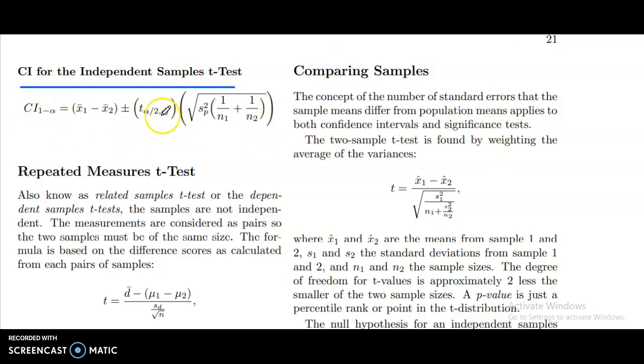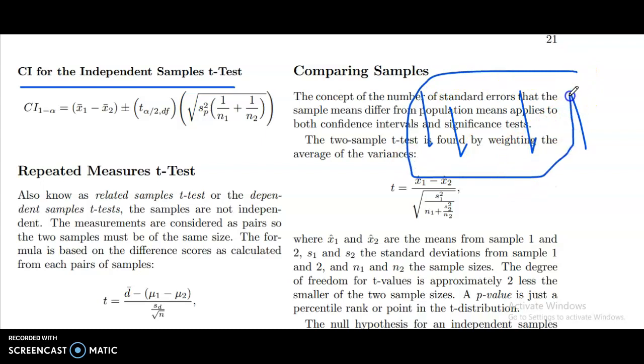CI is 1 minus alpha, where alpha is subtracted from 1.